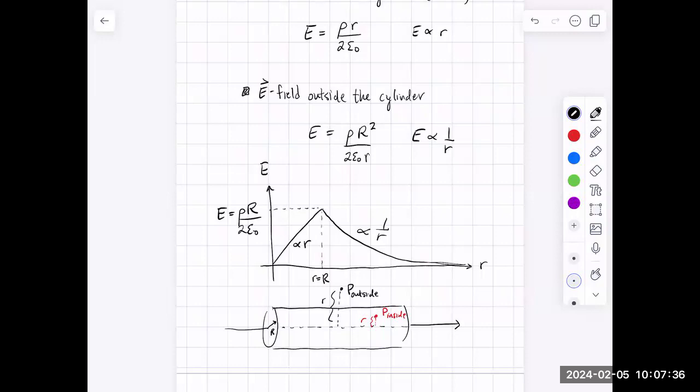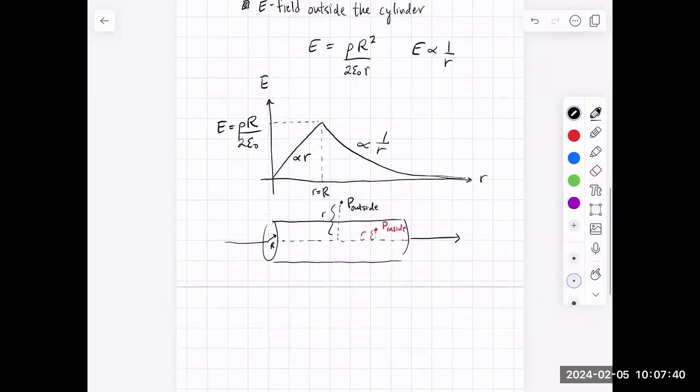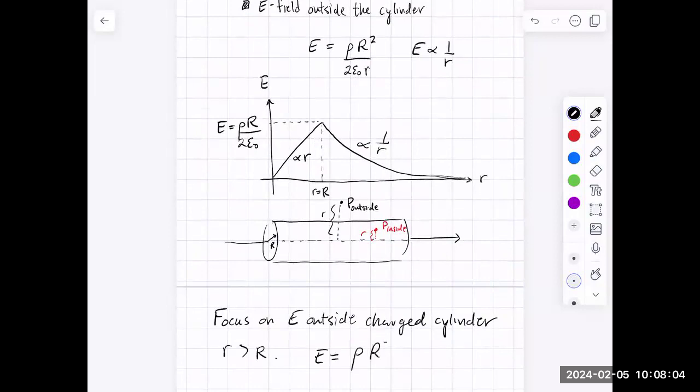Okay, I want to do one other thing with this example, and let's focus now on the electric field outside the charged cylinder. So this is the case for little r bigger than the radius, and we know that in this case, the electric field is equal to rho r squared divided by 2 epsilon naught times r.